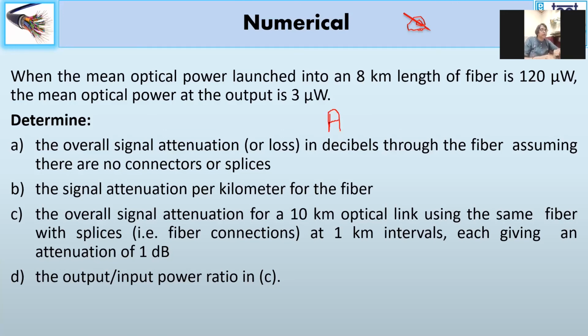Attenuation is equivalent to 10 log of P in by P out, in dBs. 120 by 3 is 40, 10 log of 40, positive will come, P in is higher than P out, correct, 16.02.